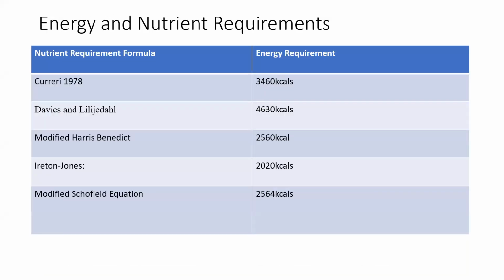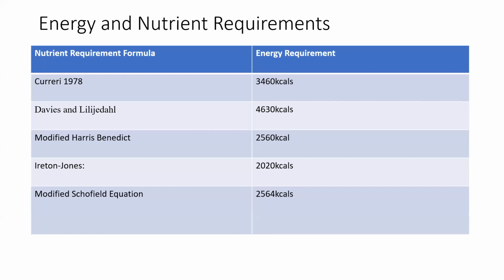So this is just how we came up with his energy requirements using different methods that we've seen previously. When we did the Curreri 1978, we came up with 3,460 kilocalories. When we did the Davis, we came up with 4,630 kilocalories.